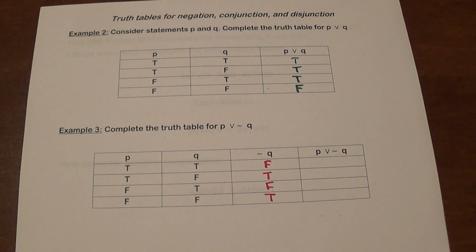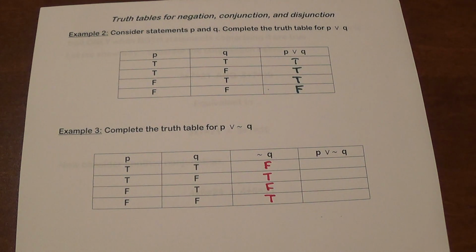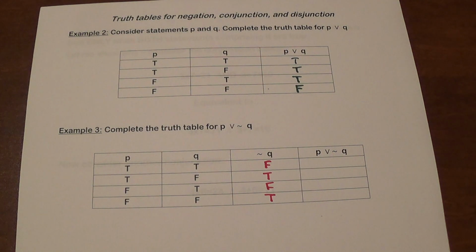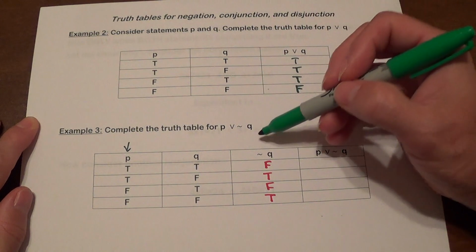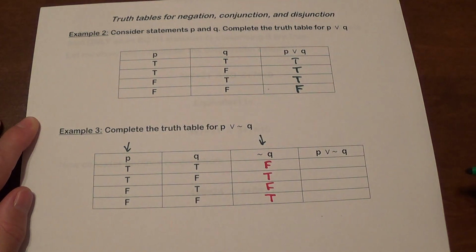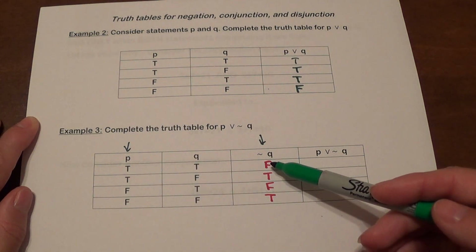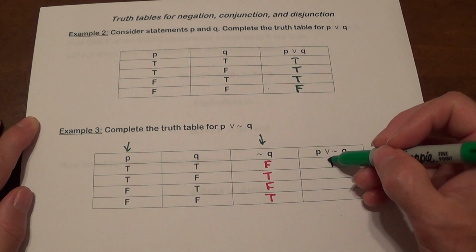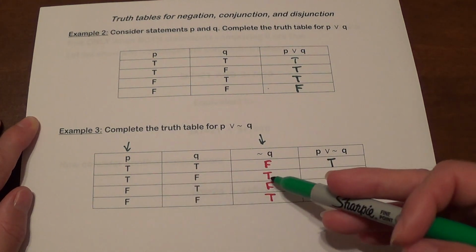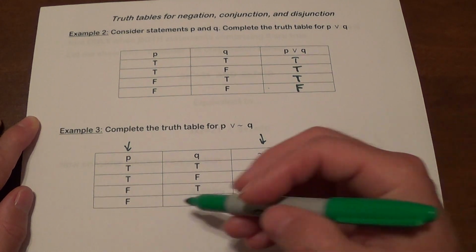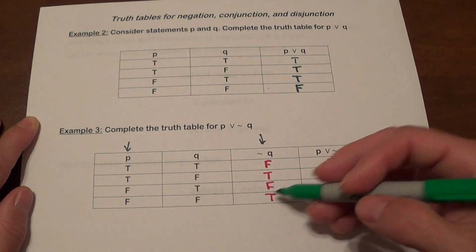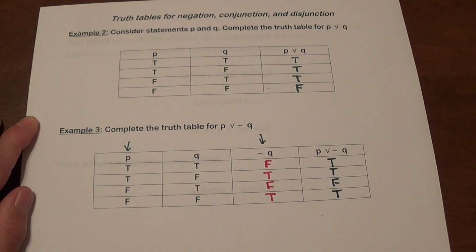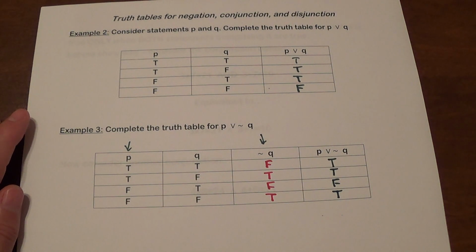So now when we need to determine the truth values for our final statement, we're just looking at this column here and this column here. So true, false, that's going to be true. One of them is true. True, true, true. False, false, false. False, true, true. Okay?